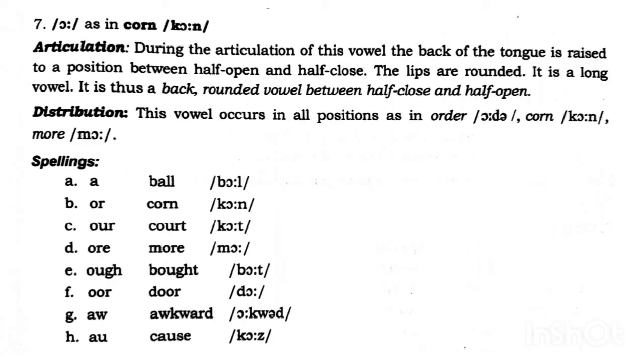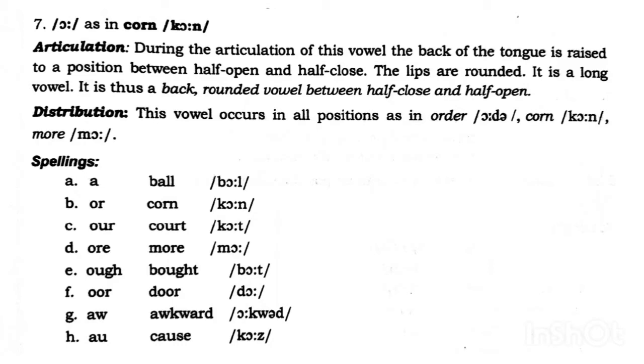Coming to spellings, ball. A stands for the long vowel O. Corn. O and R stand for the vowel sound O. Here R is silent. Coat.